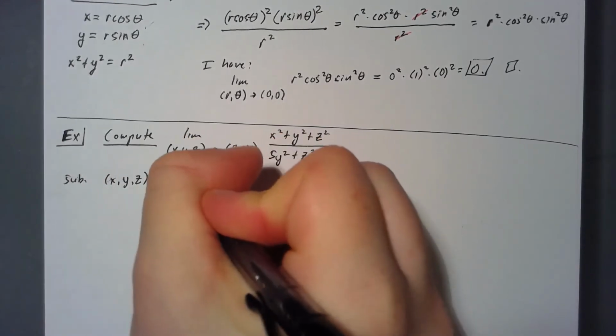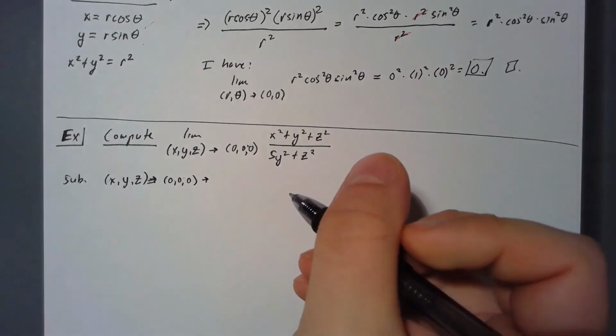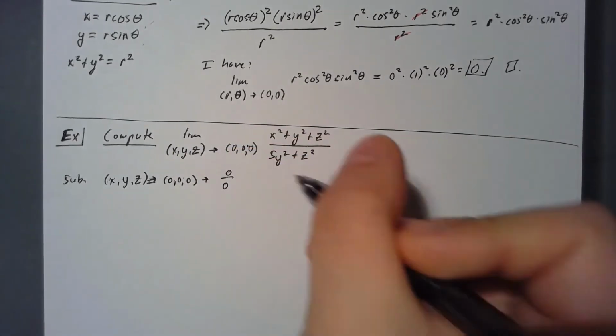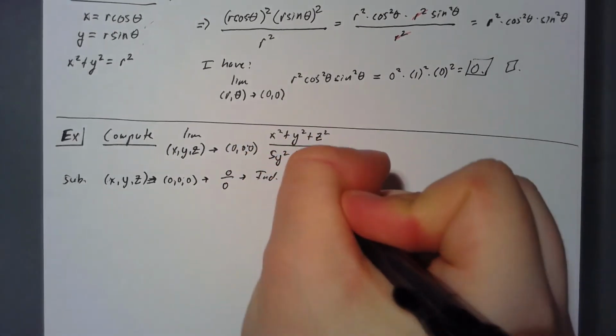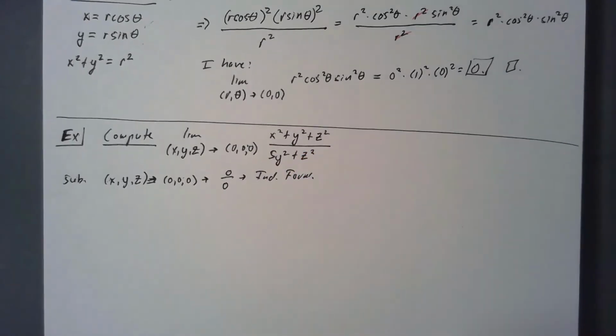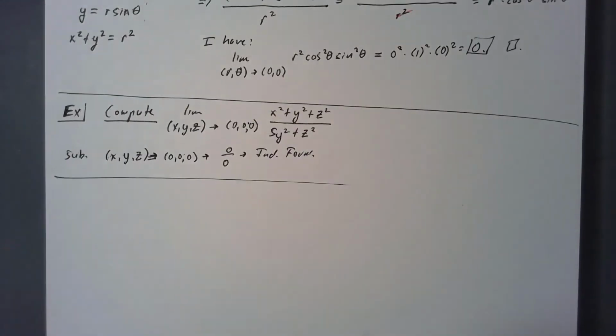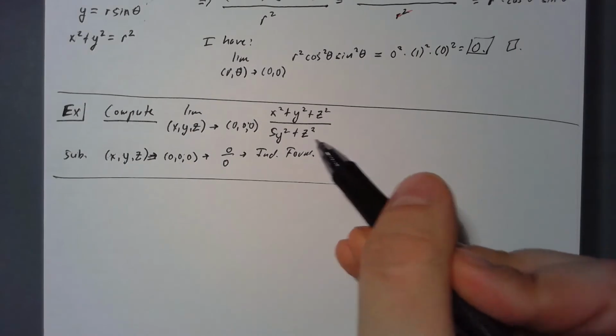That's definitely going to go to 0 over 0, which is indeterminate form.